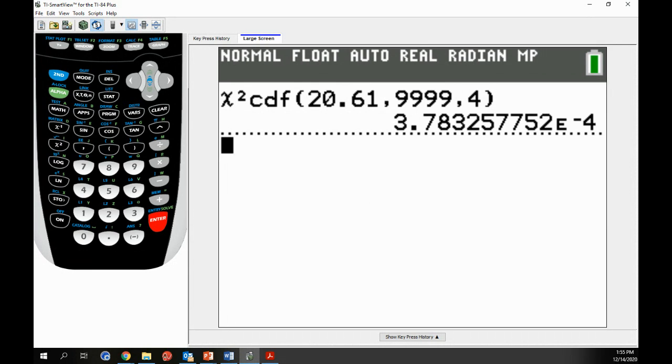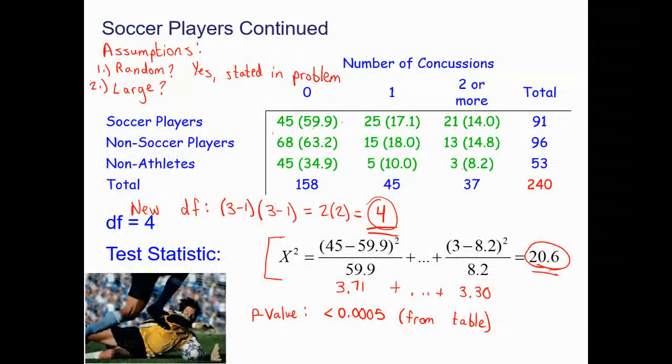So the true p-value is 0.000378. That's what we get from the calculator.